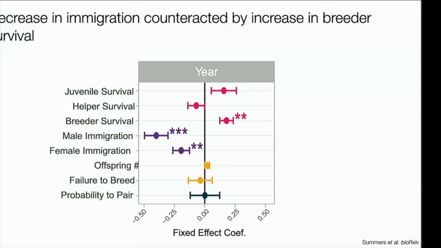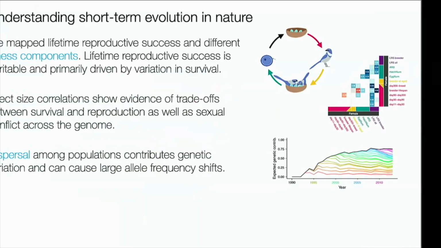So to summarize this part, I talked about a smattering of work looking at effects of dispersal. We know that dispersal into our focal population is really important in contributing to levels of genetic variation. We know it can drive some allele frequency trajectories over time.